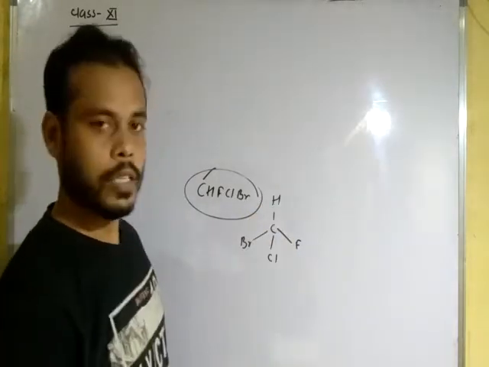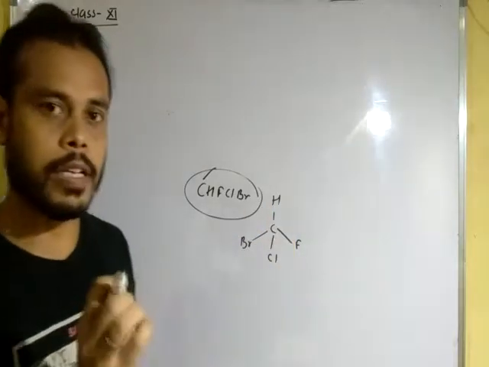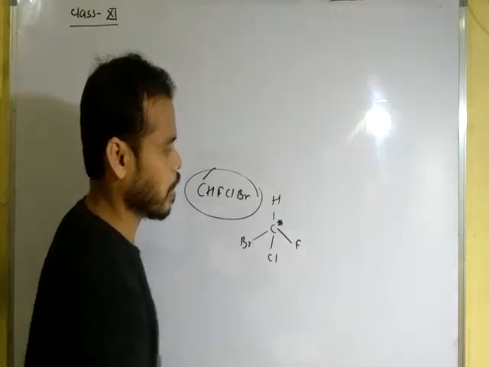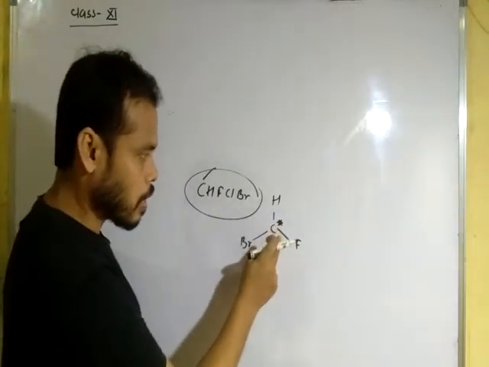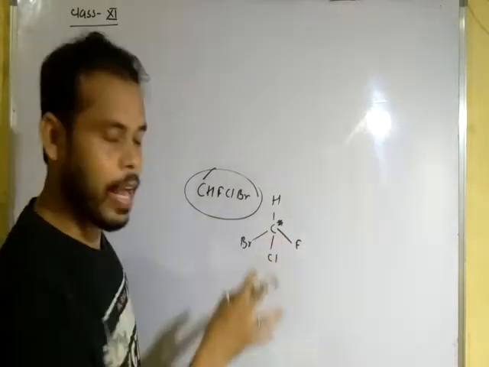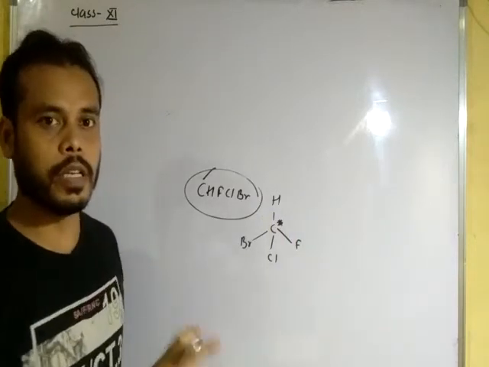Chiral carbon is always represented with a star like this. This means this carbon is asymmetric or chiral, having four valences satisfied with different atoms.